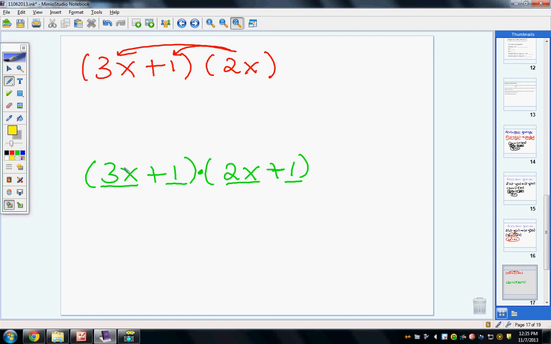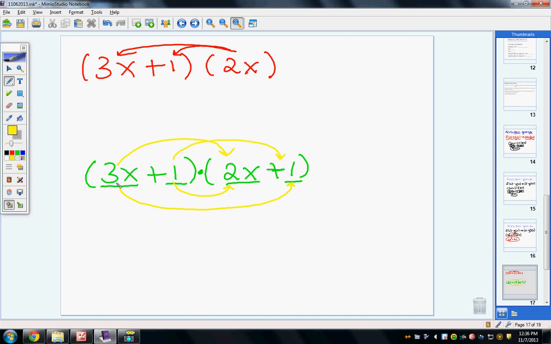This is the first term in this parentheses, and this is the first term in this parentheses, so I multiply those two terms together. Then I multiply my outer terms together. That's the 3x and the 1. It's the outside term, and that's the outside term. Then I multiply my two inside terms together. And then I multiply my two last terms. That's the last term in that parentheses, and this is the last term in that parentheses. So I multiply those together.